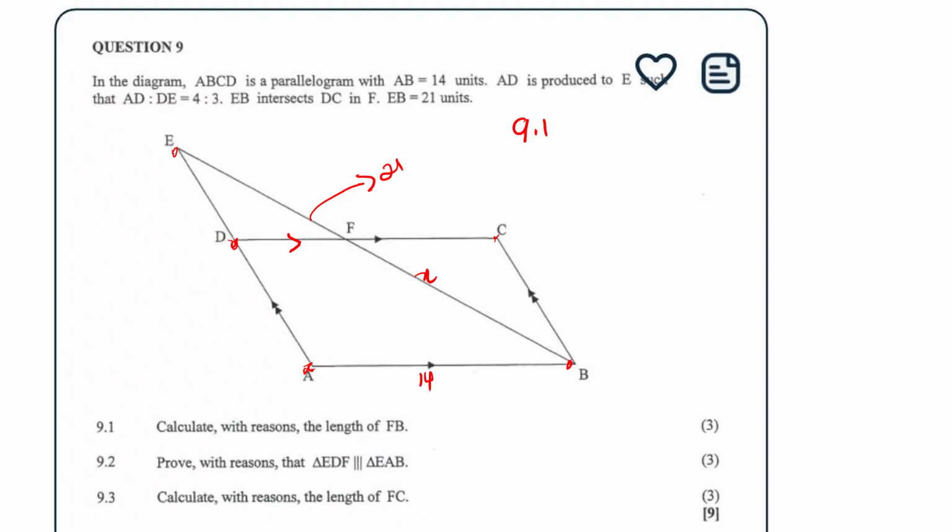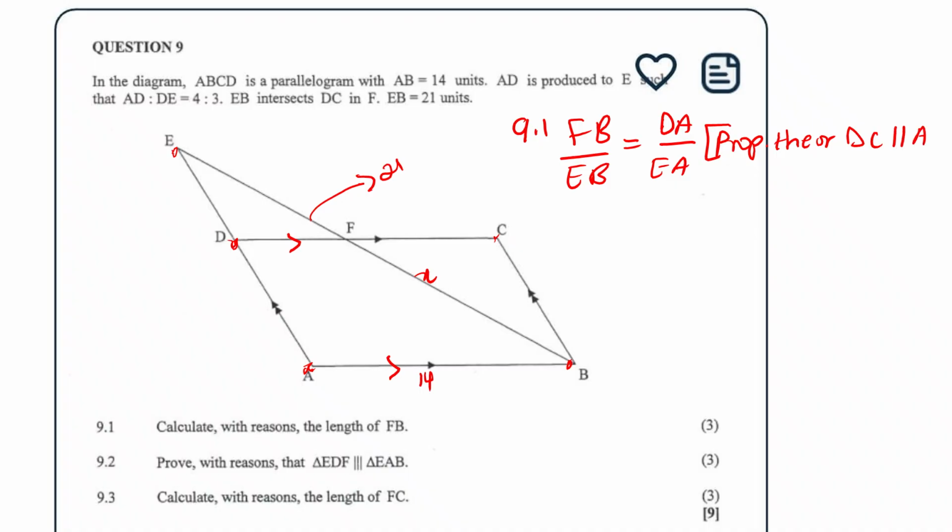Now these two are parallel. Therefore we can say FB over EB is equal to DA over EA. The reason is the proportionality theorem, DC is parallel to AB.